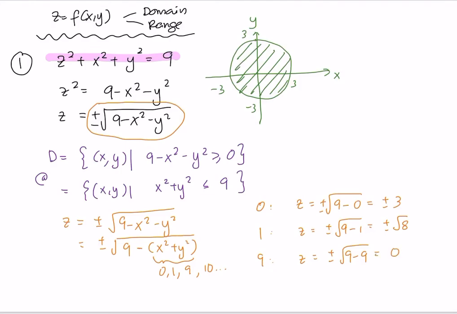Let's say you choose 10. If you choose 10 and bigger than that, since we only consider real numbers, you will get a value that does not exist.